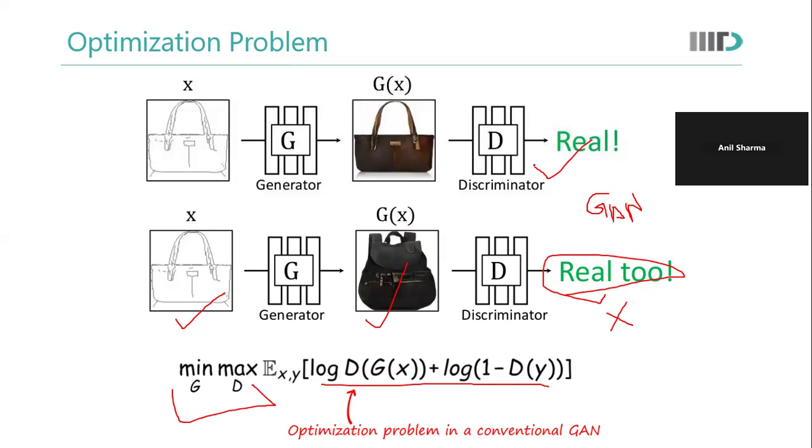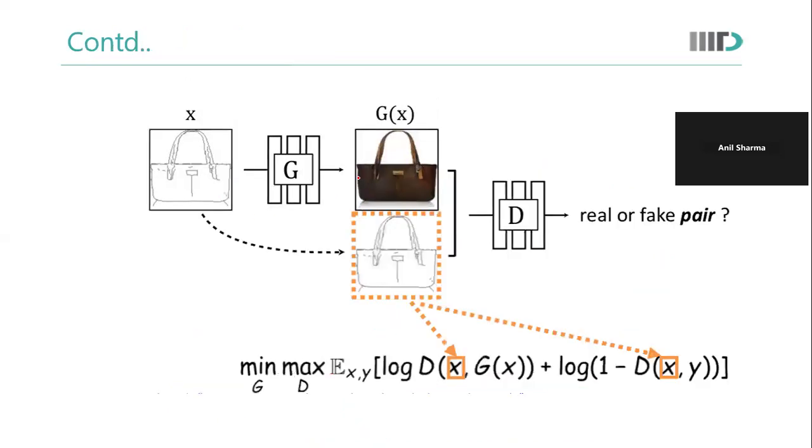And you can see that this is real, this is also real. That is correct, but we don't want this particular output. So what is it that we need to change in this particular architecture? Let's see. Here, let's say we have given this particular sketch as input to the G. Now, this is G(X), and the discriminator wants to say whether it's a real or fake pair.